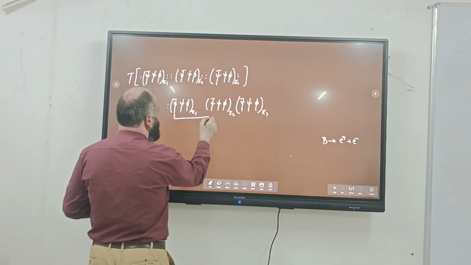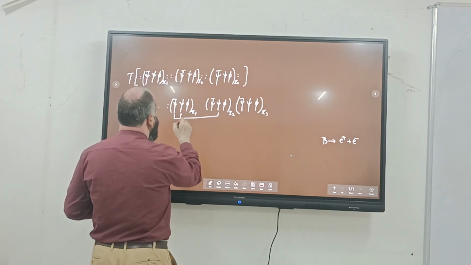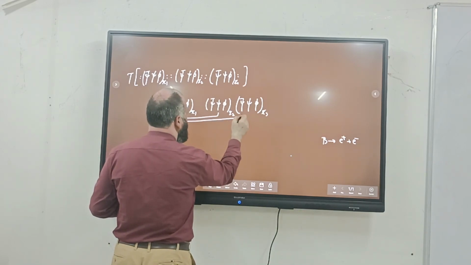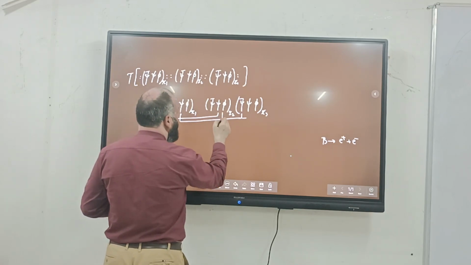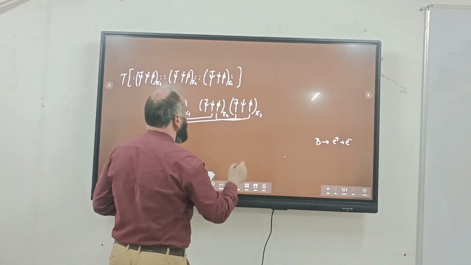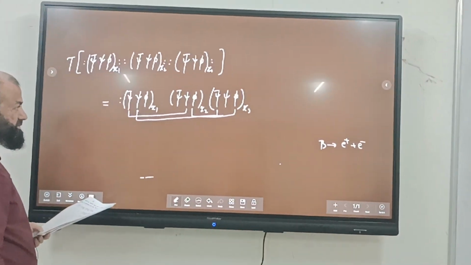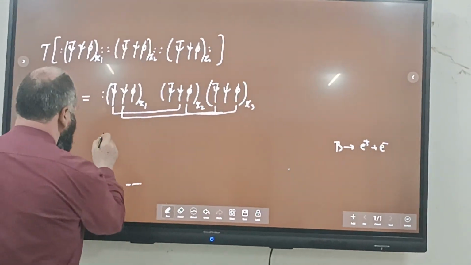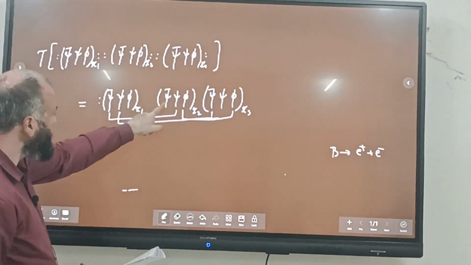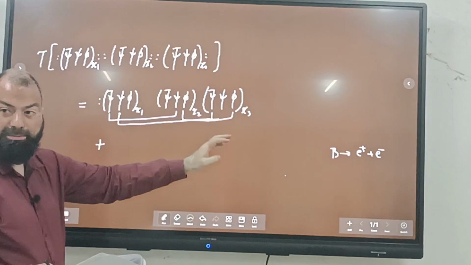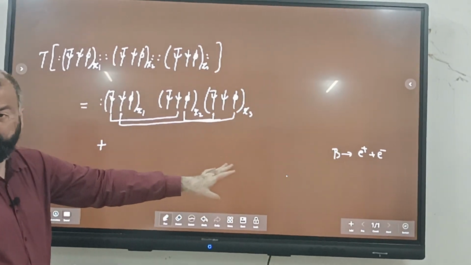This psi bar is contracted with this psi, and this psi is contracted with this psi bar, and we have contracted this phi and phi. This is one of the terms, and with all the possible contractions, three fields we are left with: phi, psi bar, and psi, which represents our process. Clear?